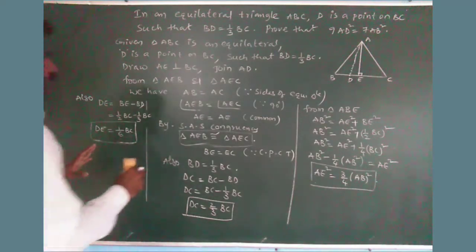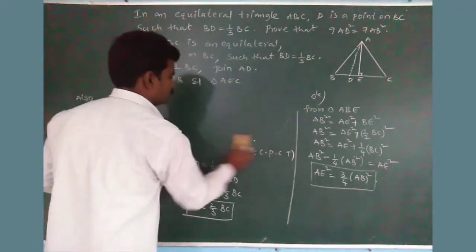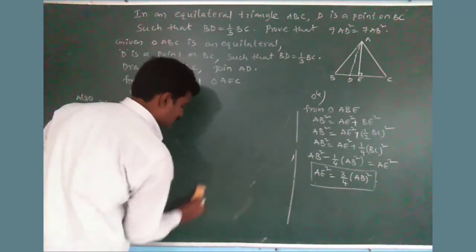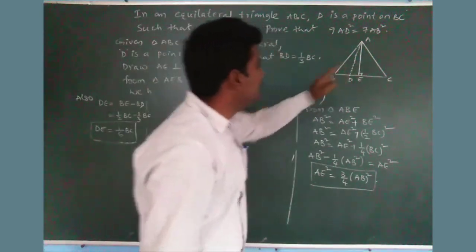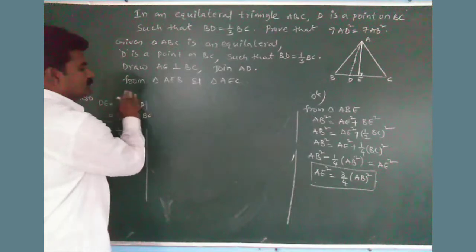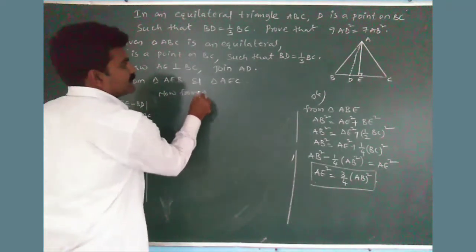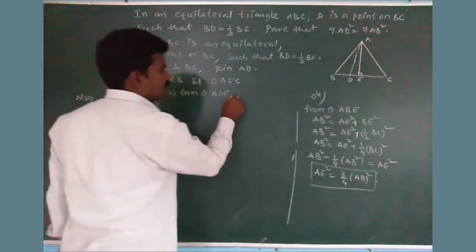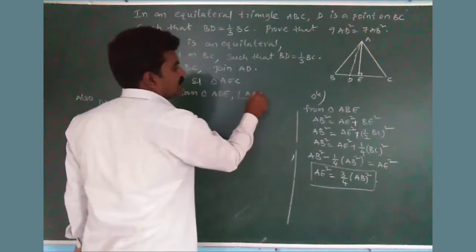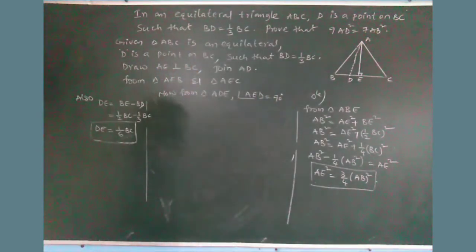Now listen carefully. Look at this middle small triangle ADE, the small one, where angle AED is equal to 90 degrees. So clearly it is a right angle triangle.